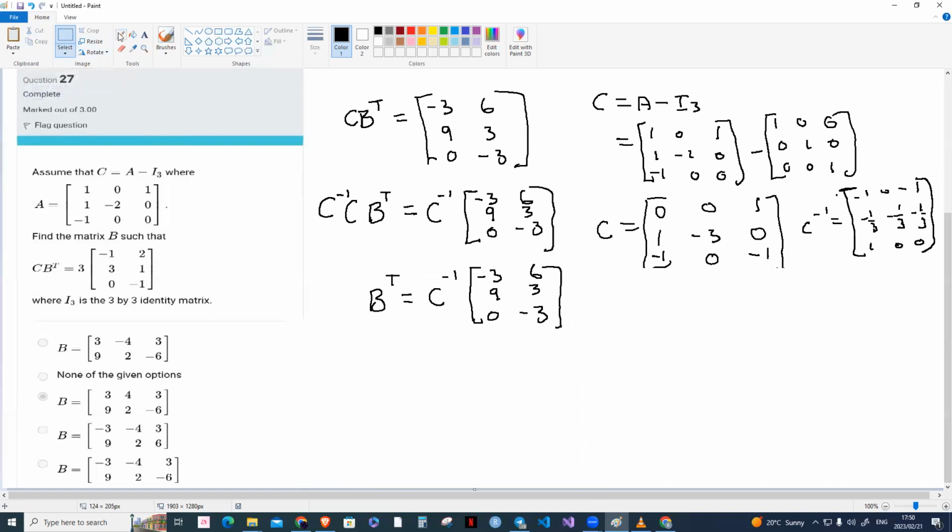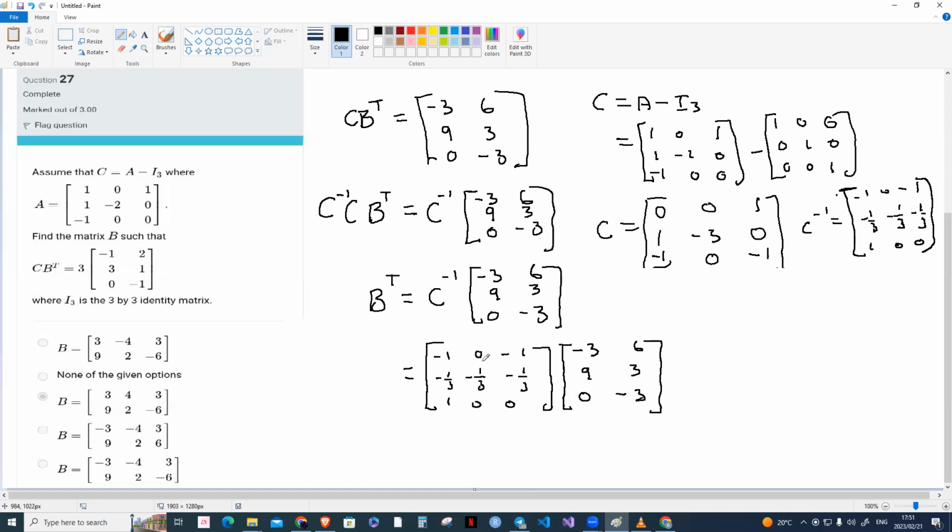So now I can take this inverse, which is -1, 0, -1, -1/3, -1/3, -1/3, then 1, 0, 0, then multiply it by -3, 6, 9, 3, 0, -3.